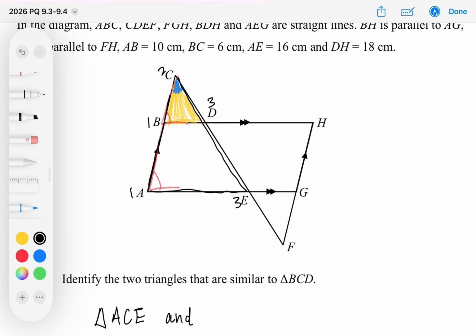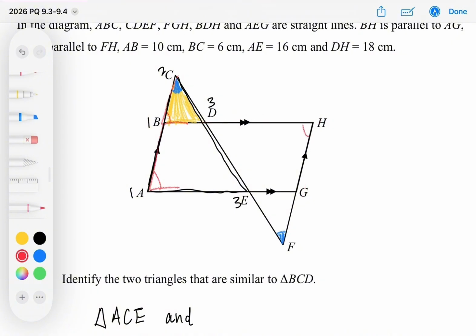And later on, if you take a closer look at the alternate angles, you realize that the angle over here at F is the same as the angle at C. And then if you take a look at the angle at H, you realize also that there is another Z, right?